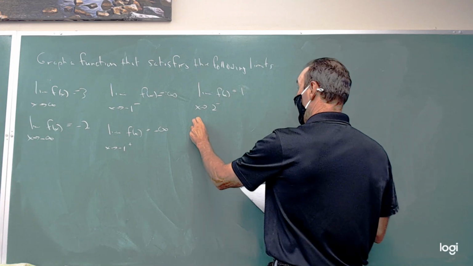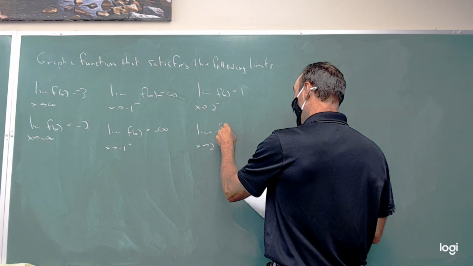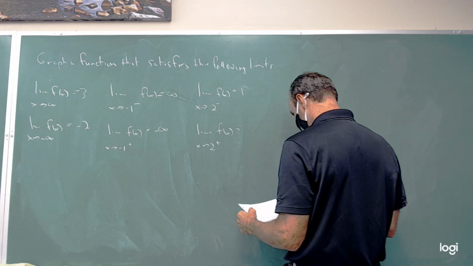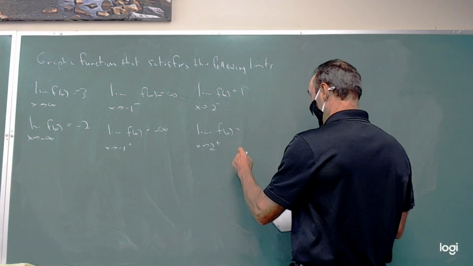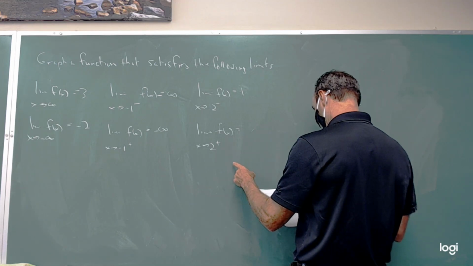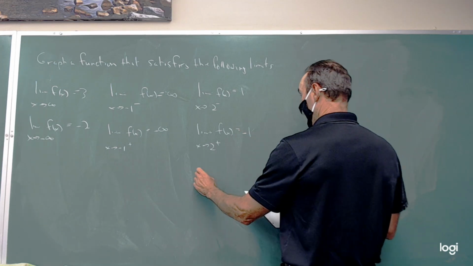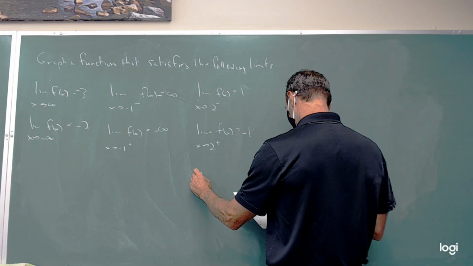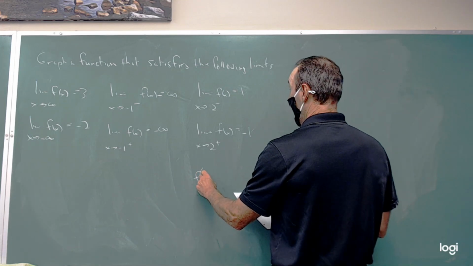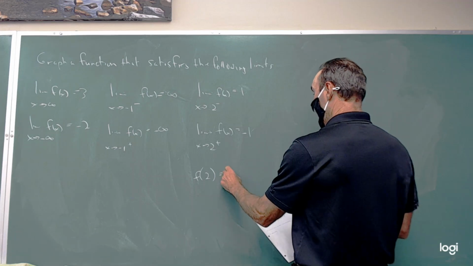The limit as x approaches 2 from the right of f of x is negative 1, and f of 2 is equal to 0.